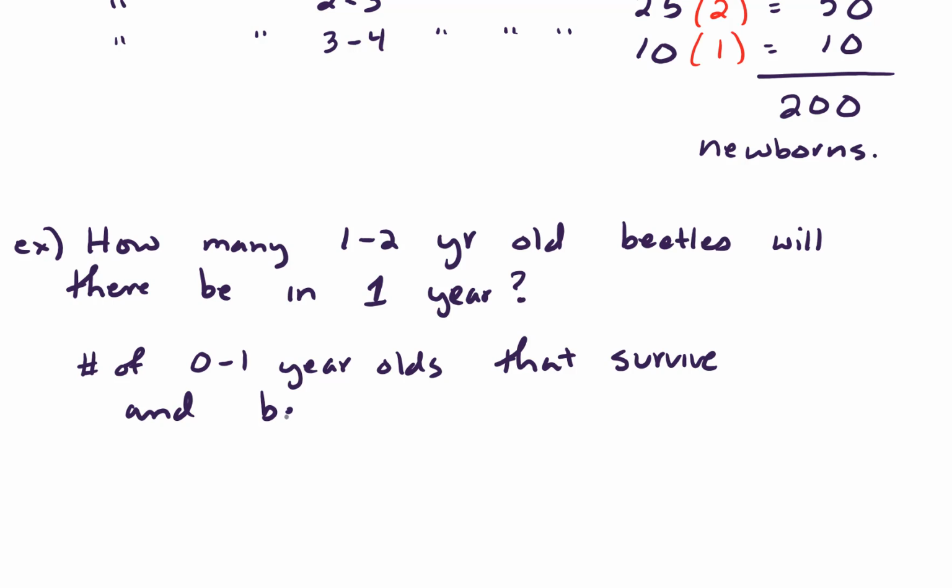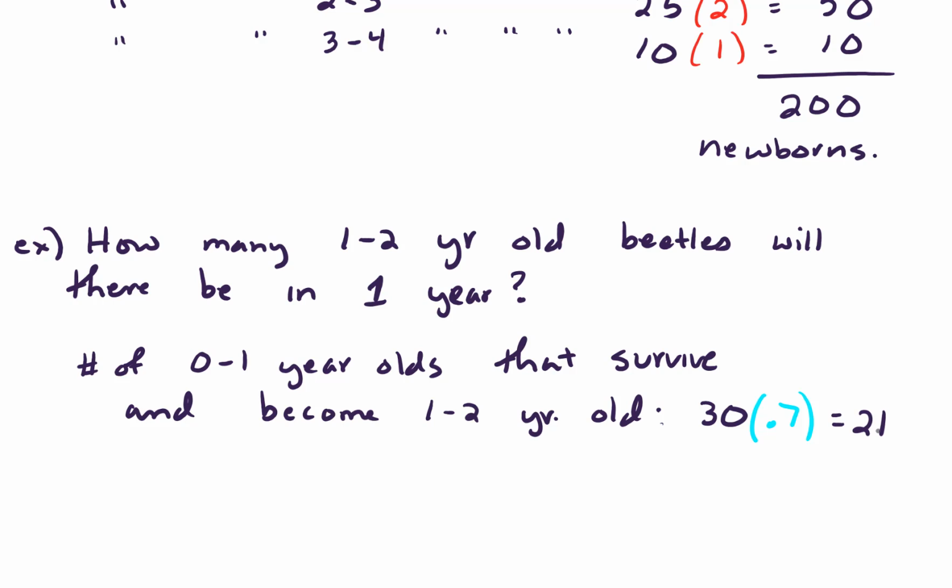So this is basically a question about survival. We had 30 beetles that were between ages 0 and 1. Their survival rate is 0.7. And so 30 times 0.7 turns out to be 21.